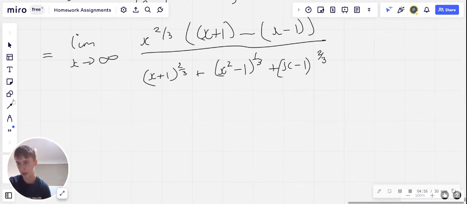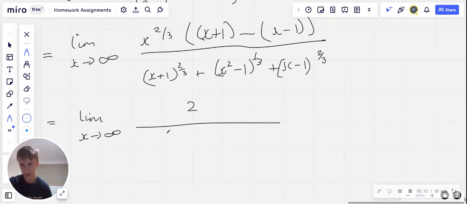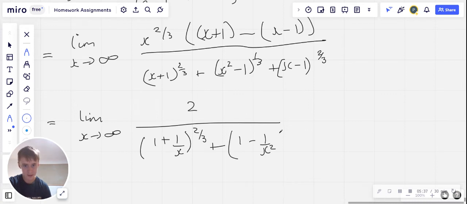This will give us the limit as x tends to infinity of 2 on the top, and on the bottom 1 plus 1 over x to the power of 2/3, plus 1 minus 1 over x squared to the power of 1/3.